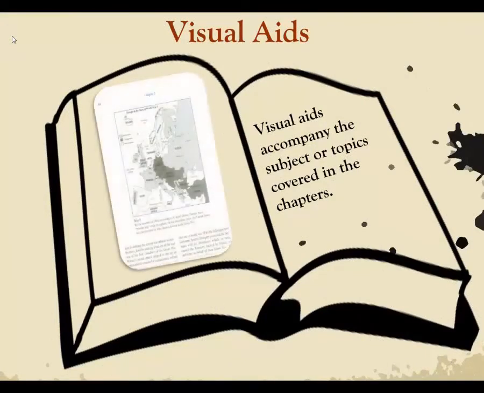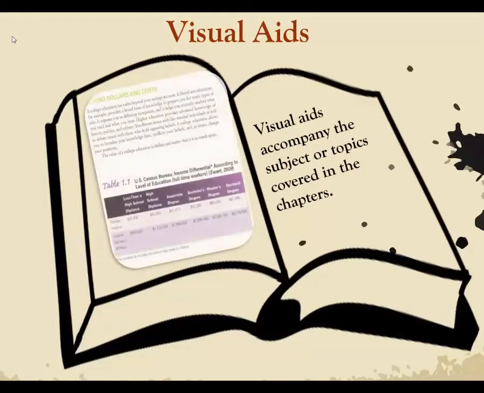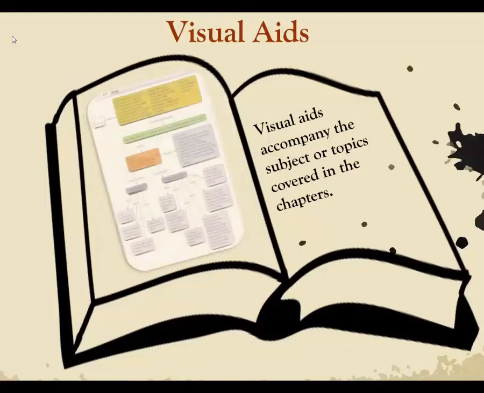Now check to see if the textbook has pictures, graphs, charts, maps, or illustrations. All of these features give you a visual aid to accompany the subject or topics covered in the chapter.